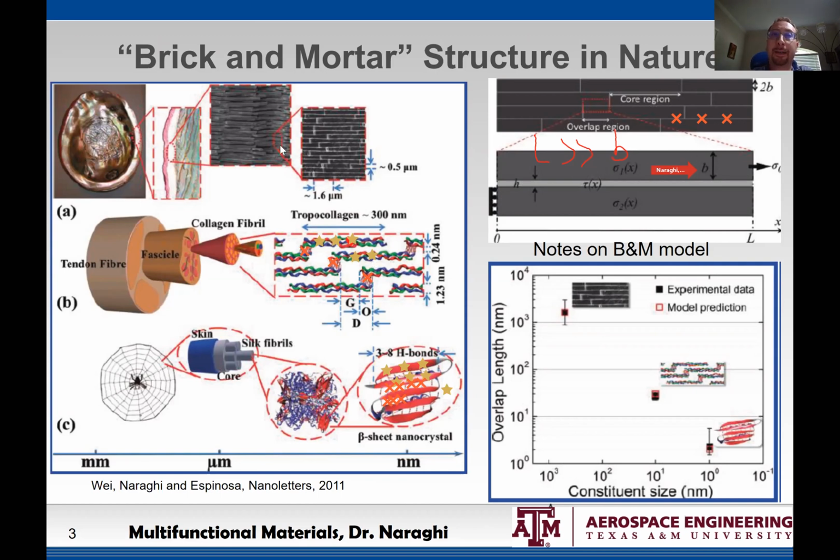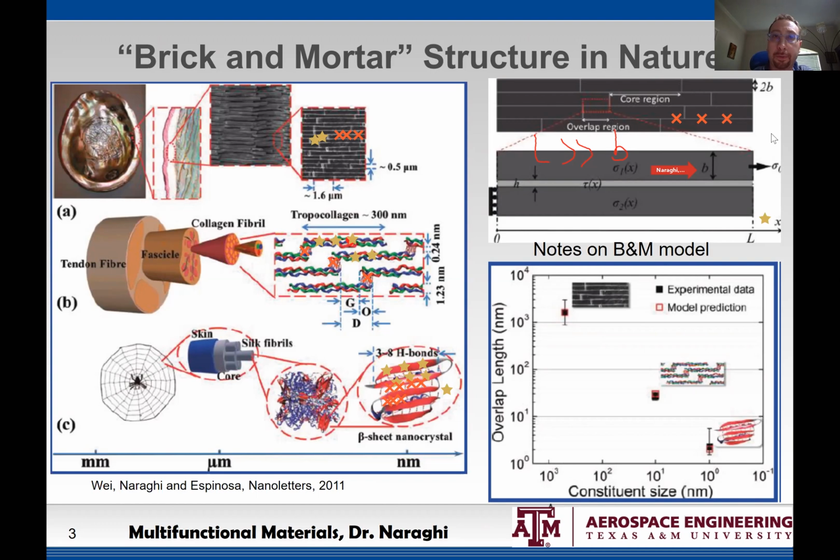Now, if you look at abalone shell, this is much longer length scales, 2 or 3 orders of magnitude longer. Here, the white stuff is actually a biopolymer. And the black stuff is actually a mineral, which we can classify as a ceramic. It's a brittle material.